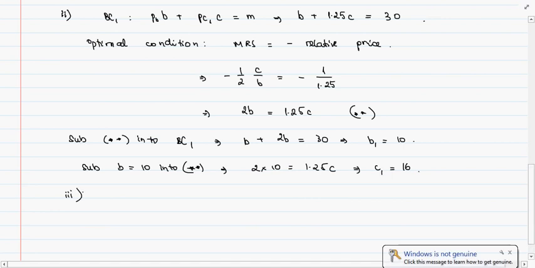Now part 3, asking you to find the Hicksian demand based on the original utility achieved and the new prices. Okay, so we want to find, so the Hicksian demand is basically the demand for the goods, where we are keeping the utility the same, and we want to see how the change in price is going to affect the demand for the goods, and that basically captures the substitution effect.